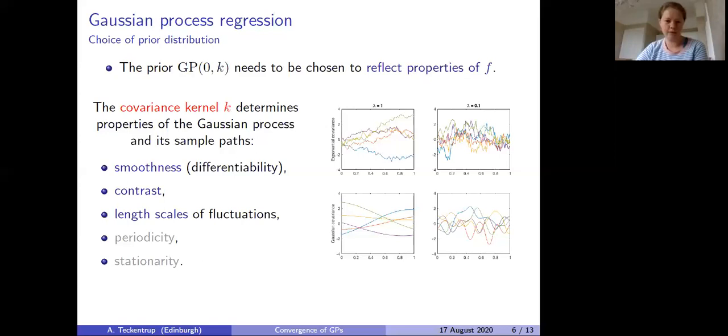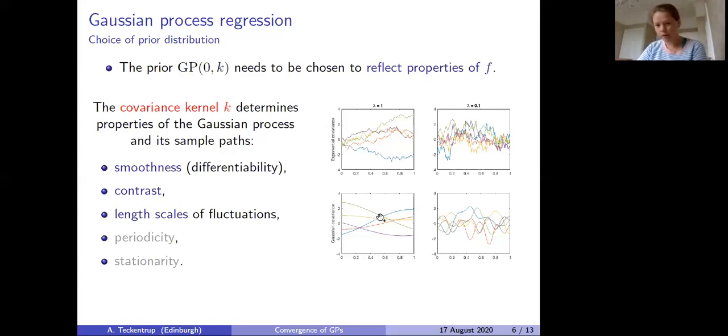There's also the typical length scale of the fluctuations. This is something that you might know as the correlation length. This is a typical length scale that governs how fast your samples oscillate or fluctuate.